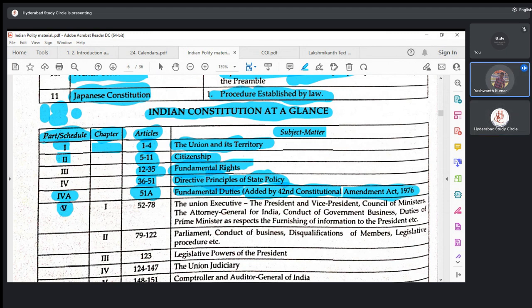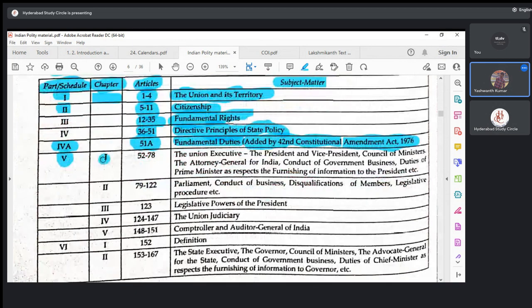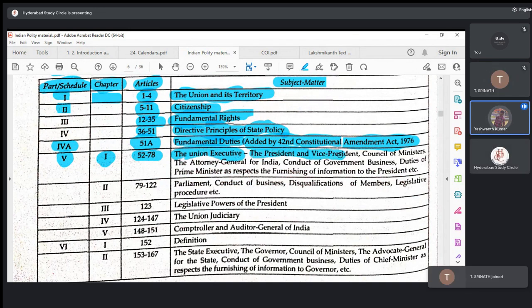Part 5, Chapter 1, Article number 52 to 78. The Union Executive: the President and Vice President, Council of Ministers, the Attorney General for India. What is the article number for the Attorney General for India?